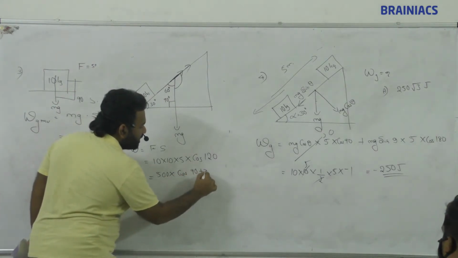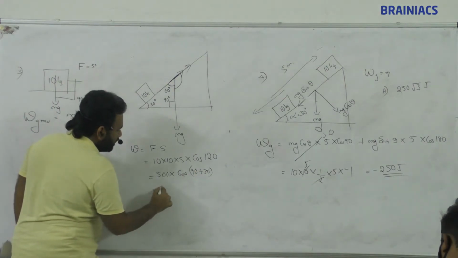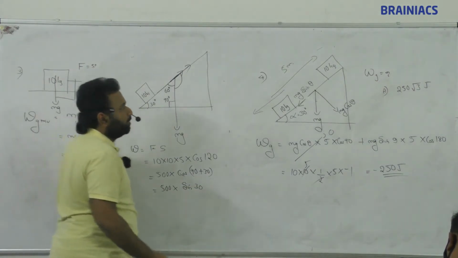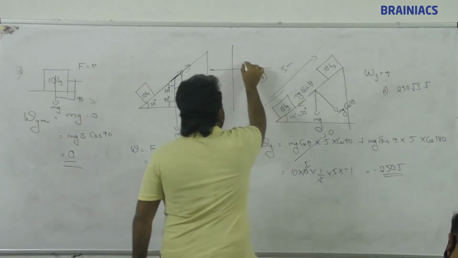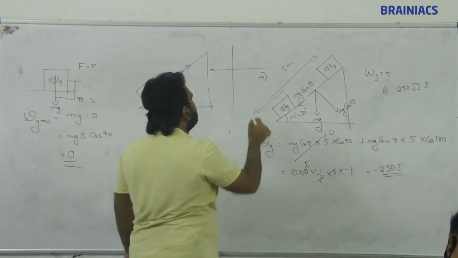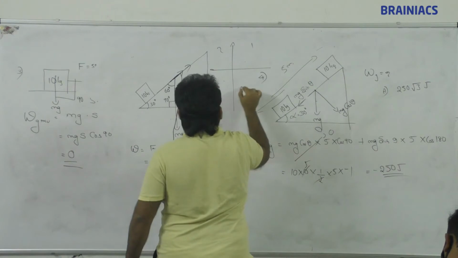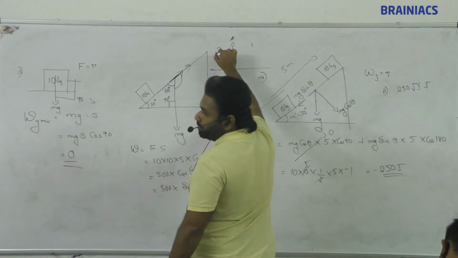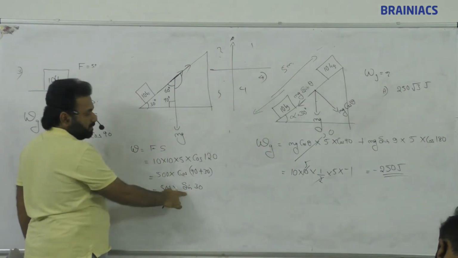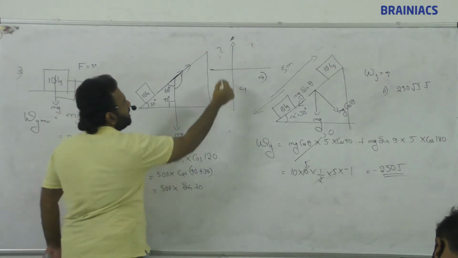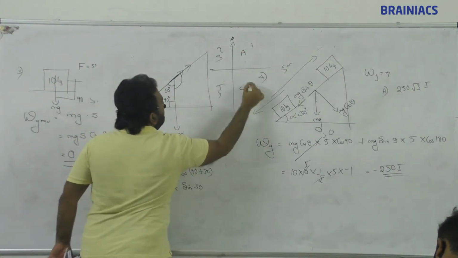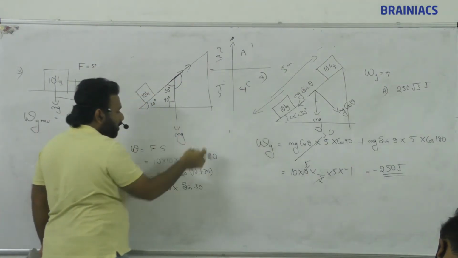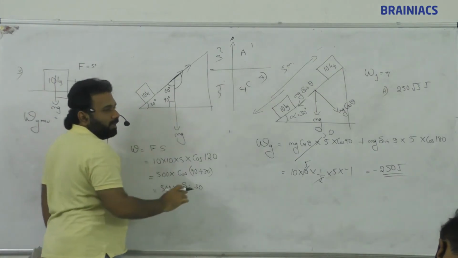Understood how this is cos 90 plus 30? This is going to be sin 30. For children who do not know: first, second, third, fourth quadrant, 90 degree comes here, so 90 plus 30 means here. In the quadrant where all are positive, only sine is positive, and here it is cos, so definitely this is going to be negative.